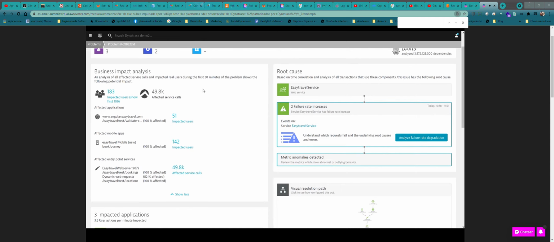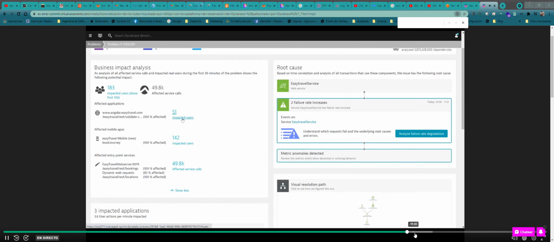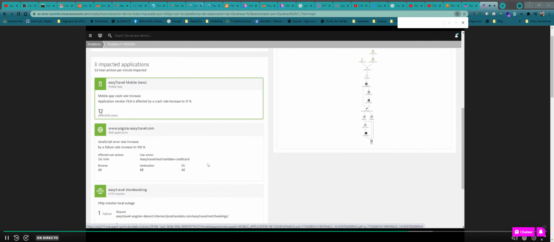So this is not just going to tell you where your application was slow, but also how many users were impacted by it and what application they were trying to access at the time of the problem, whether they were trying to access your web application or your mobile application, which was in this case being rendered by the same load balancer. So which application was impacted and how many users were impacted. So you can go in and drill down into each individual user here, and by what degree the application was impacted.